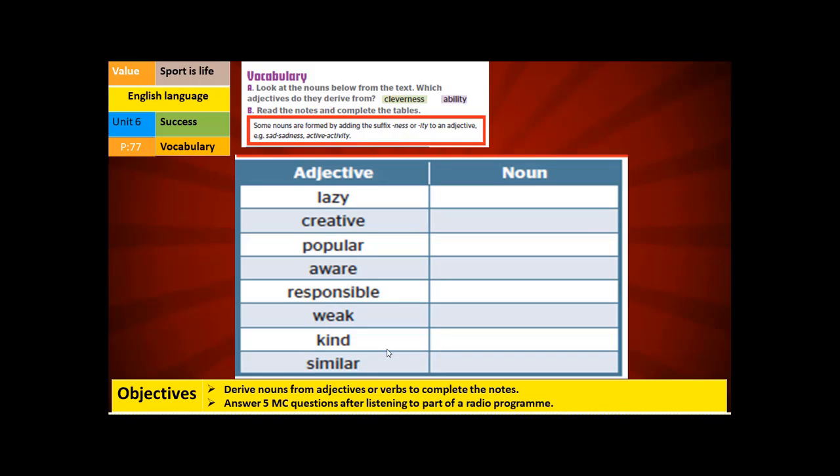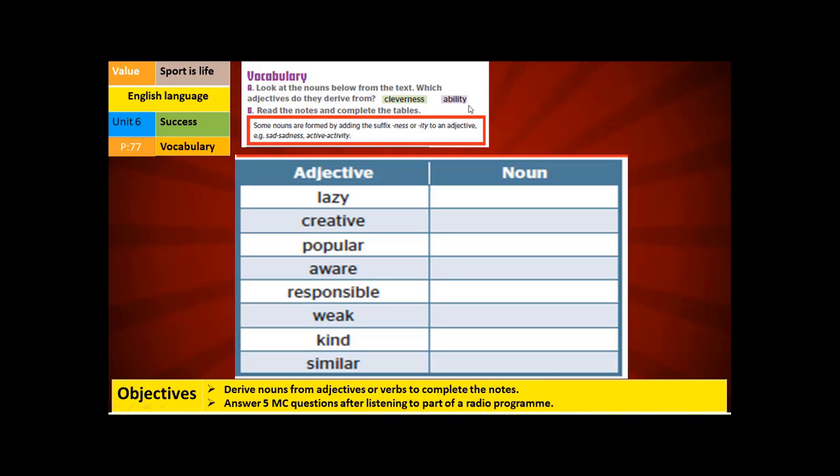And now please open your book on page 77 and look at activity A and try to tell me which adjectives are the base of the following nouns.